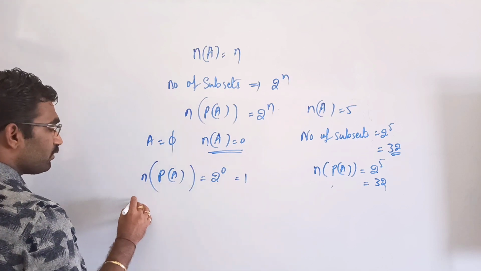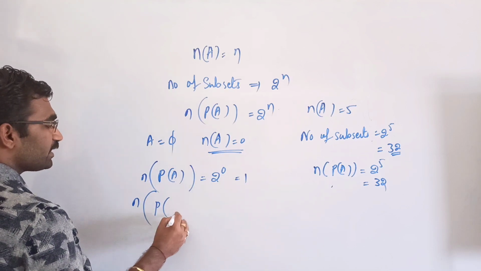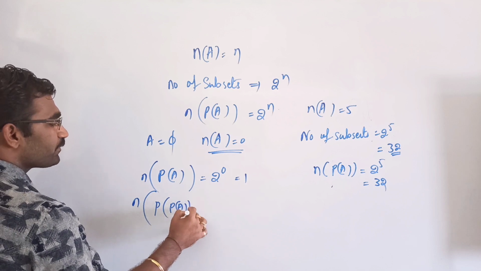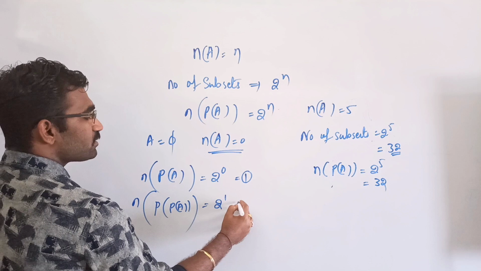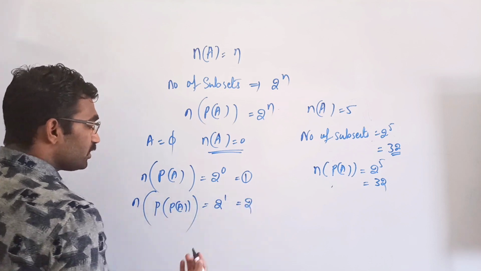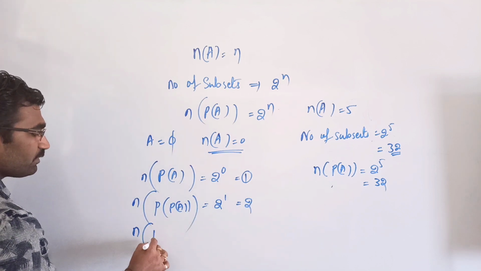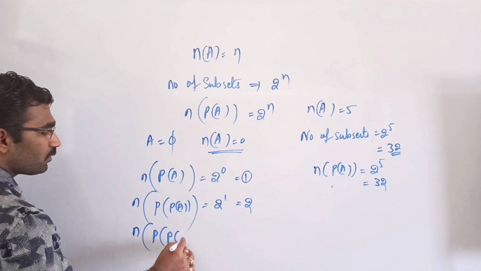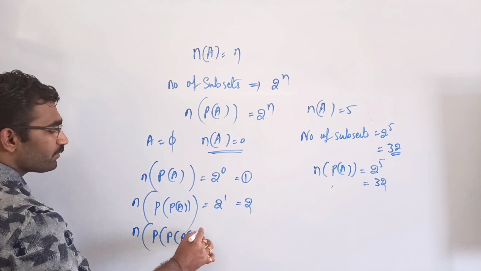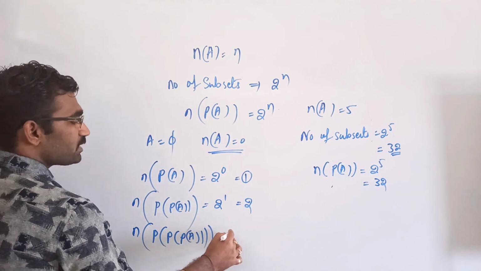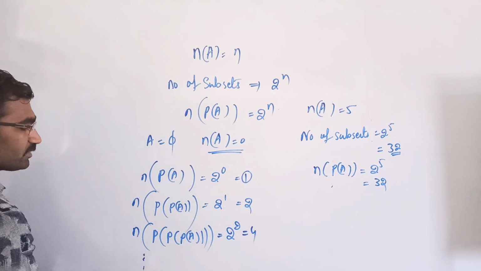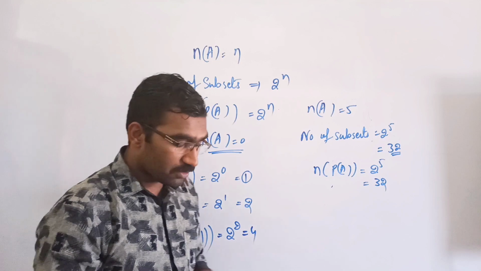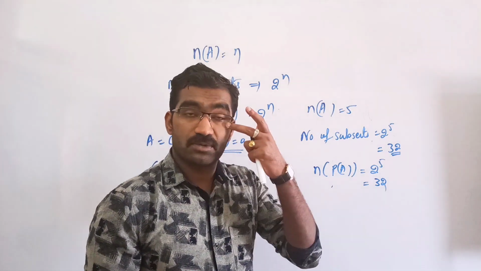If they ask the number of elements in the power set of that power set, here already 1, then you write 2 raised to 1, which is 2. If they ask for the next power set, the number of elements will be 2 raised to 2, which is 4, and it continues.